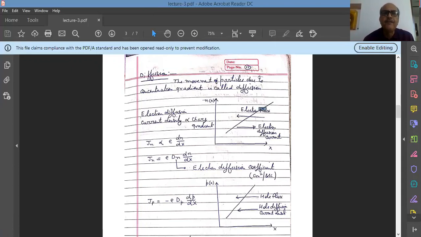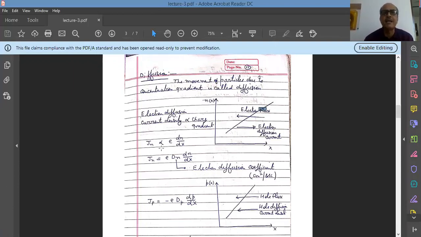The electron diffusion current density is proportional to the charge gradient. It's a very important law called Fick's law of diffusion. According to Fick's law of diffusion, the electron diffusion current density is proportional to the charge gradient, and the charge gradient is e into dn over dx, because n is the electron concentration. The charge will be n e, and that is why it's e into dn upon dx.